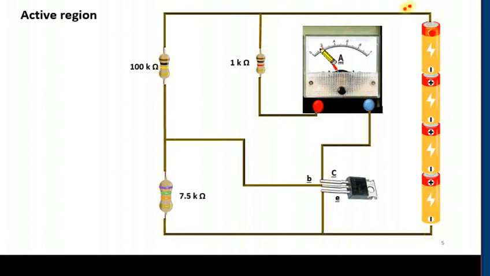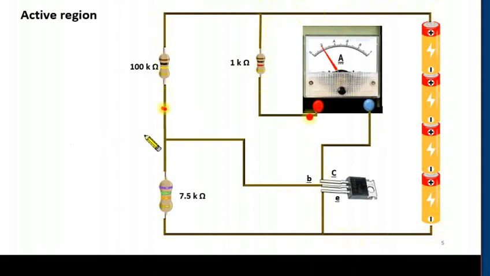So the signal is very clear, because this center point is at the middle. There is room to increase and room to decrease the current. Because the maximum was 400 and the minimum was 0, now we are at the center point, 200 milliampere.